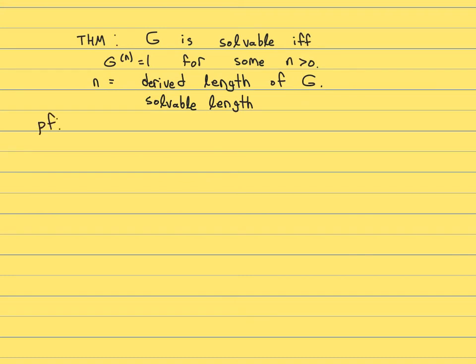So let's do the proof. First, suppose G is solvable. Then that means that there exists a chain of subgroups that are pairwise normal, with the feature that pairwise quotients are abelian.